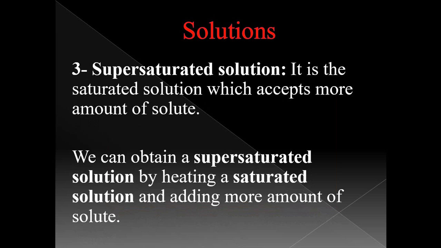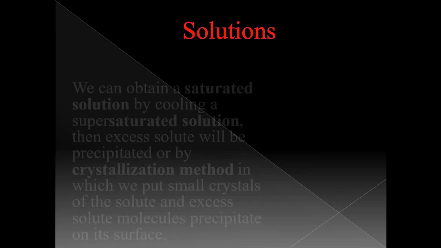Okay, by heating the water molecules, we know that the intermolecular forces between water molecules get weaker, so the intermolecular spaces get wider, so the water here or the solution can accept more amount of solute. So by heating a saturated solution and adding more amount of solute, we can obtain a supersaturated solution.